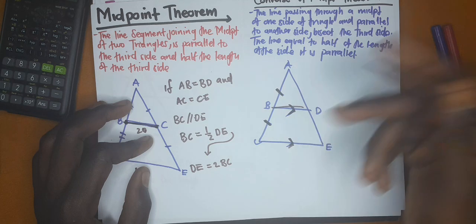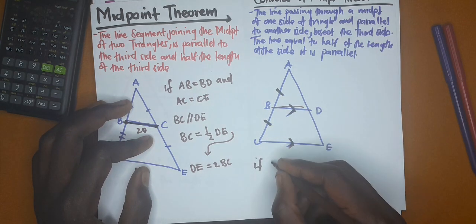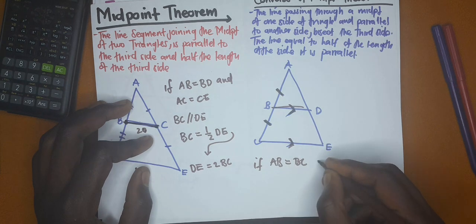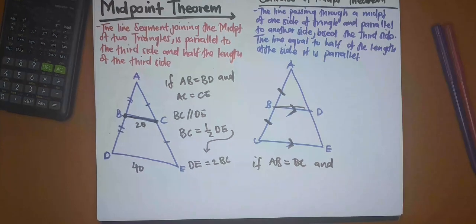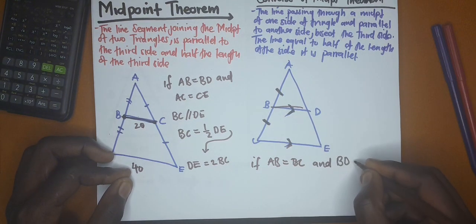This is not the midpoint theorem, this is the converse. So if we are given that AB is equal to BC, and we're also given that BD is parallel to CE.